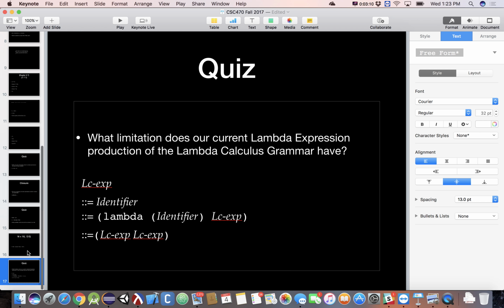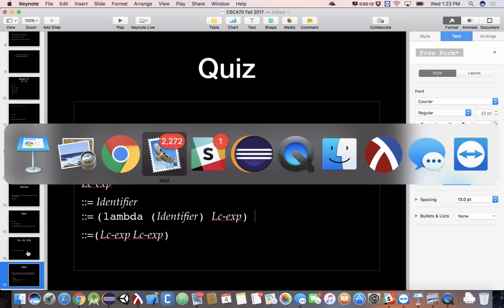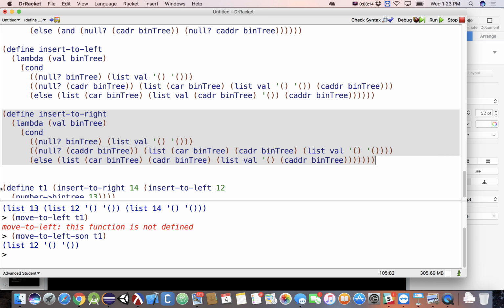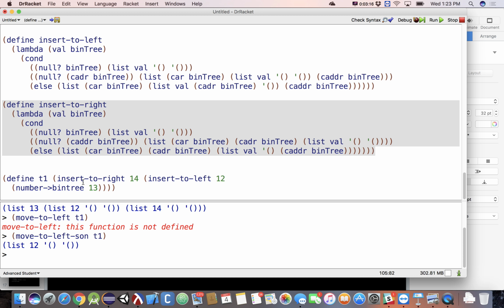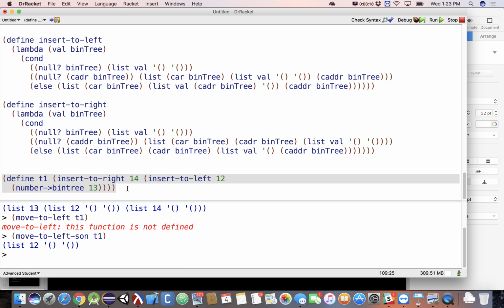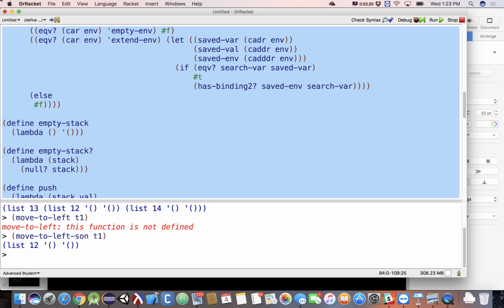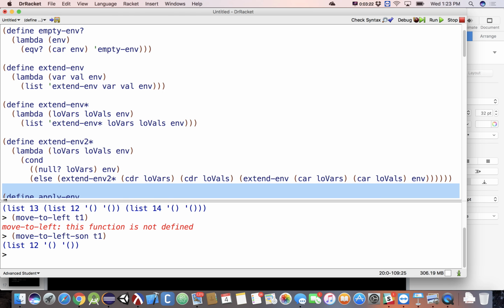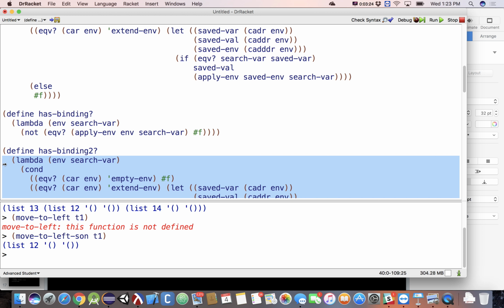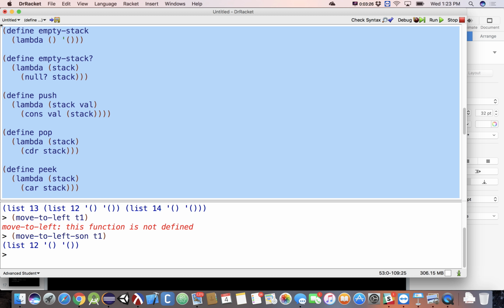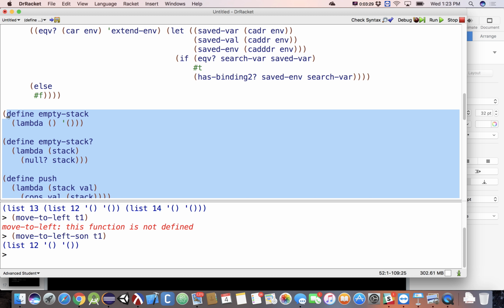Okay, the homework assignment was to create some constructors and observers. I'll leave our environment up there. I'm going to get rid of the stack stuff.